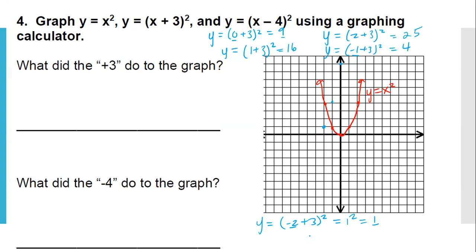So what if I plug in -3? y equals -3 plus 3 squared. What do I get? 0, right? So at -3, it's at 0. So it looks like this is where my axis of symmetry is now.